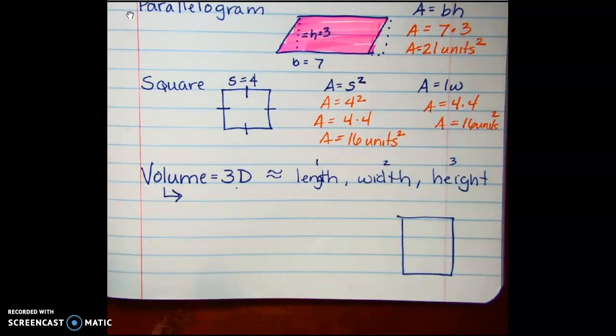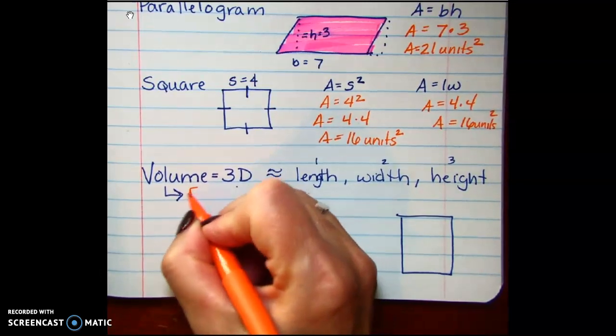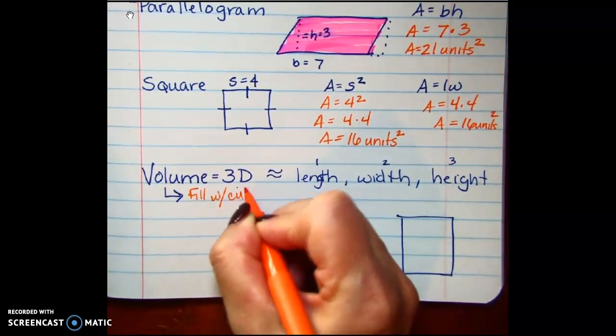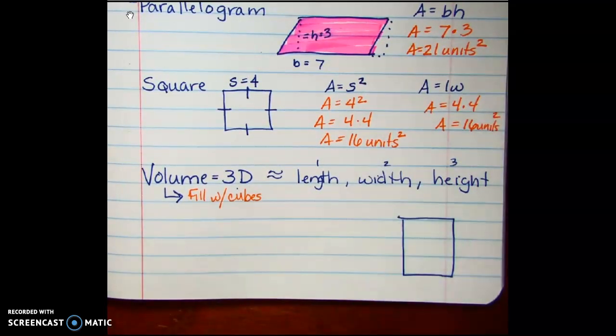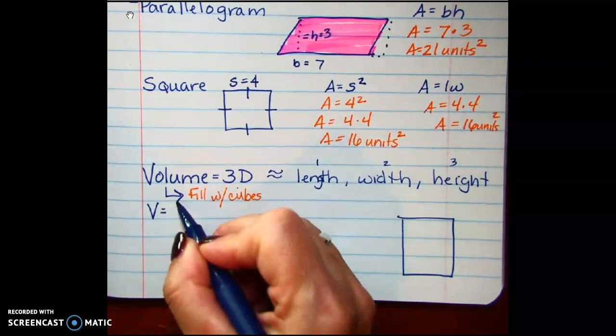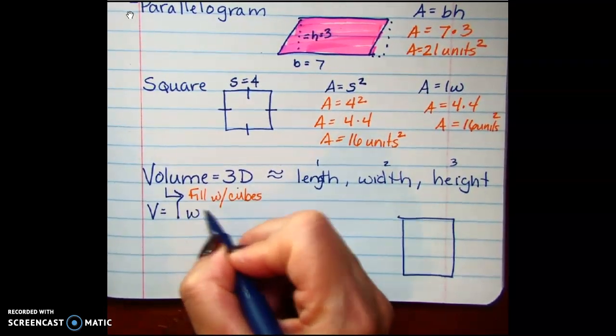Now, we said that for area, it was to cover it, but for volume, we are filling it in with cubes. So we're going to change our units. So the formula for volume is volume equals length times width times height.